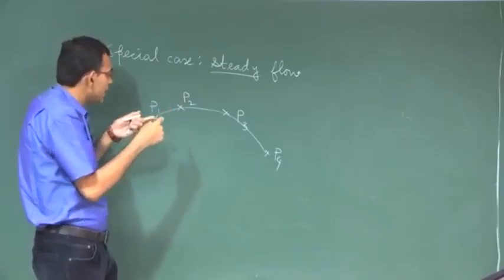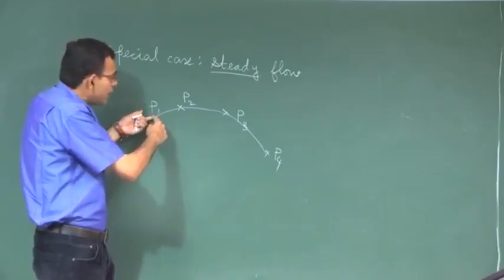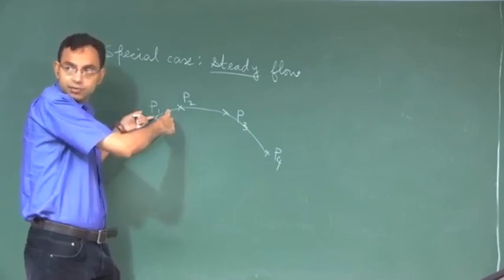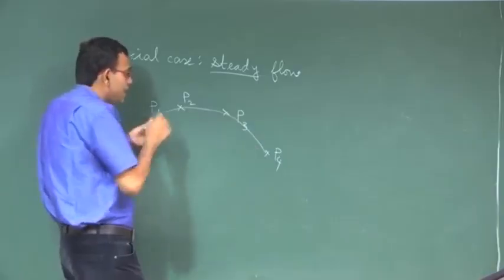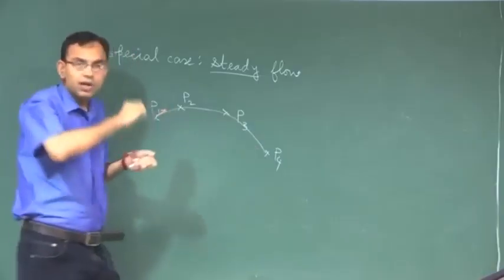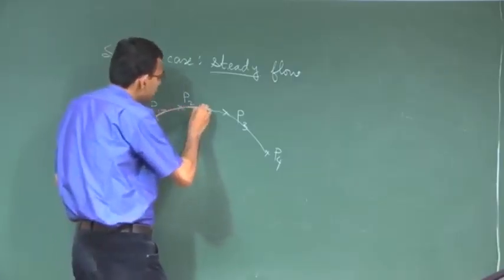So when there is a particle which is here at whatever time, that will be guided in the same way as the particle was guided maybe a few minutes before. So this line will be such a line where the tangent to this line will always represent the velocity of the flow. So this line also becomes the streamline.